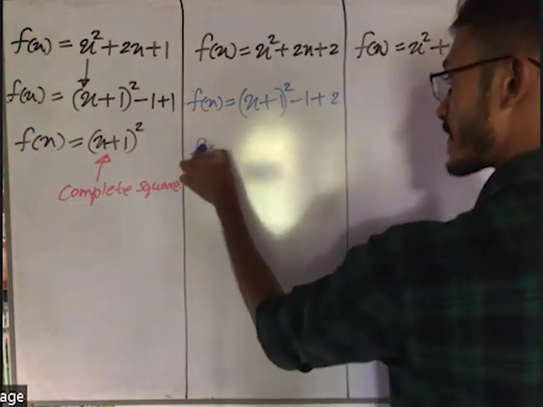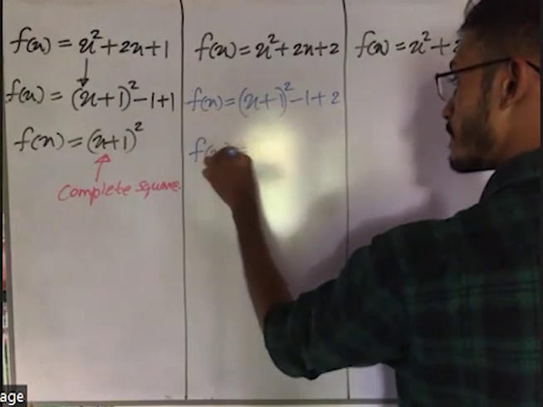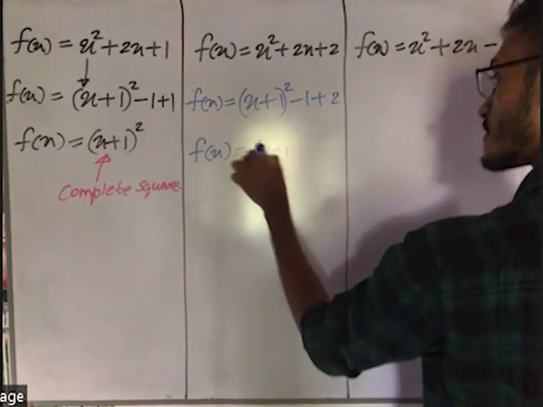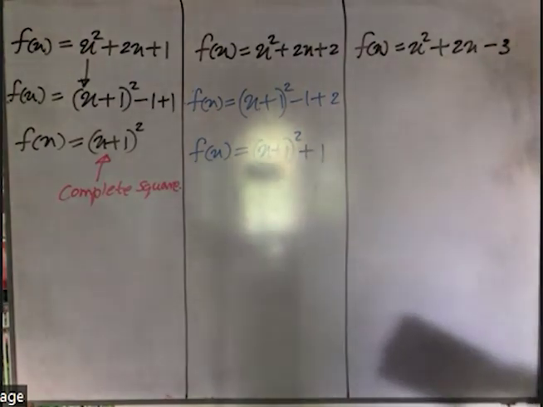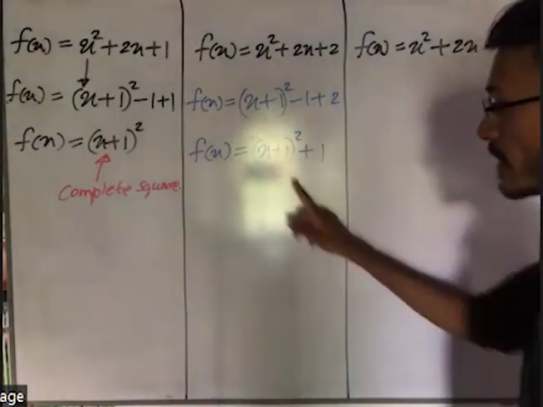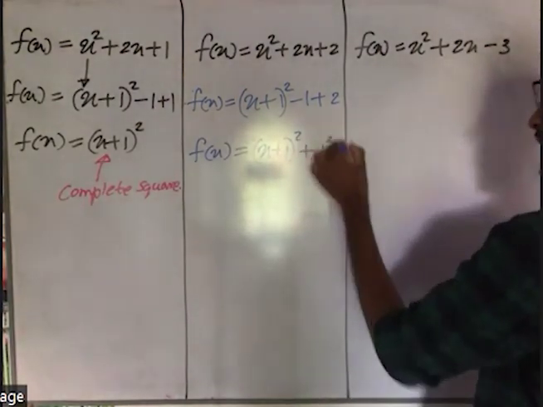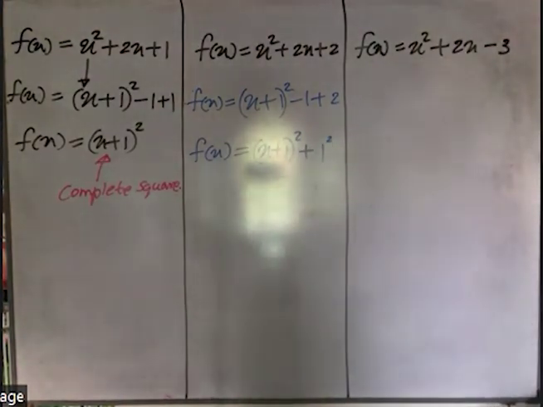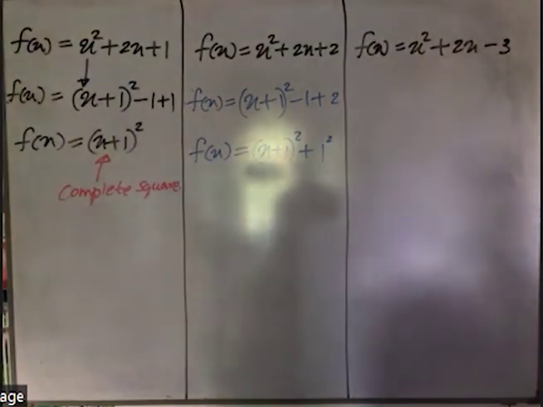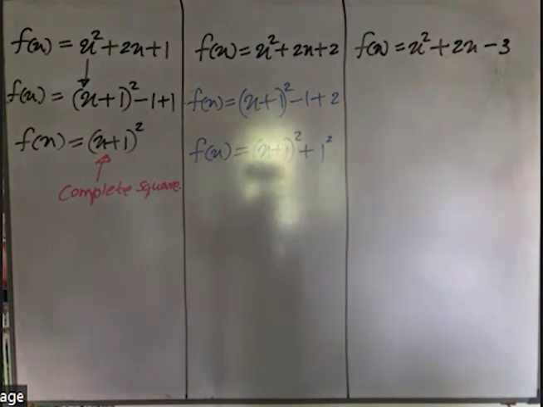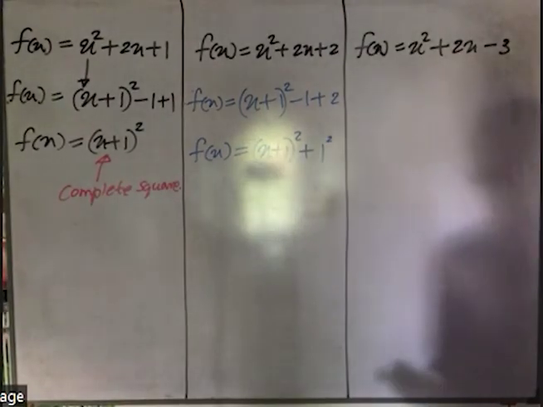If you simplify, f(x) will become x plus 1 square plus 1, right? So here we have a complete square plus another complete square, that is 1 square, which means 1. We have the sum of two complete squares.